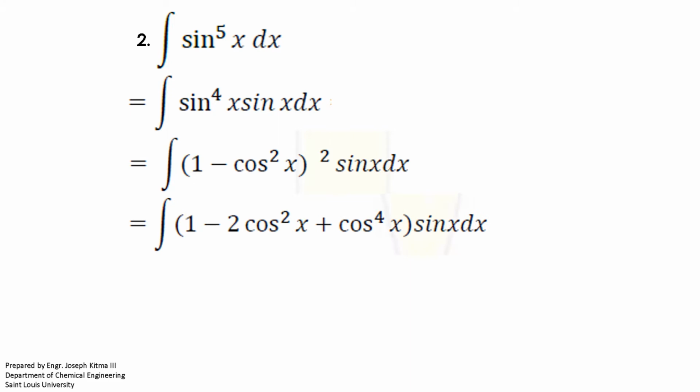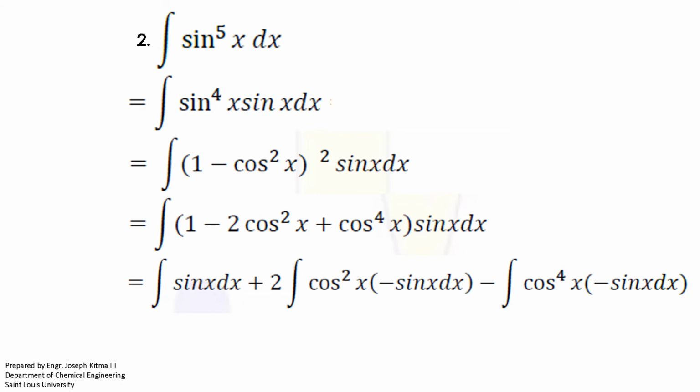So expanding, we get here 1 minus 2 cosine squared x plus cosine raised to 4 of x, and then we multiply by sine x dx. After that, we expand further. So the first term becomes the integral of sine x dx plus 2 times the integral of cosine squared x times negative sine x dx.